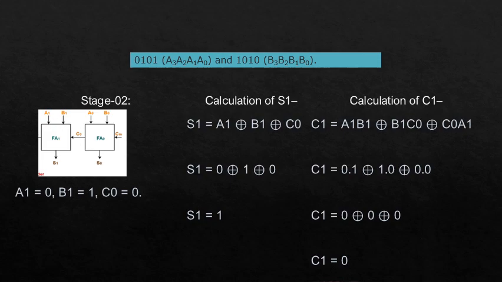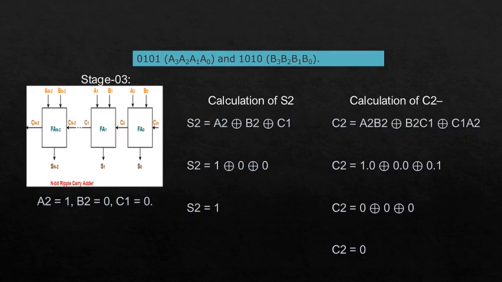Next we proceed with stage 3. In stage 3, when C1 is fed as input to the full adder C, it activates the full adder C. Then at full adder C, A2 is equal to 1, B2 is equal to 0. The full adder C computes the sum bit and carry bit as S2 equal to 1 and C2 equal to 0.